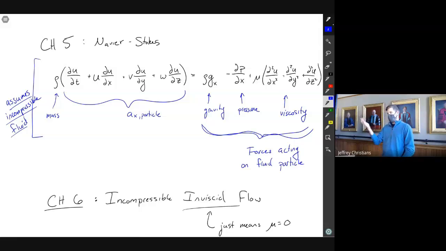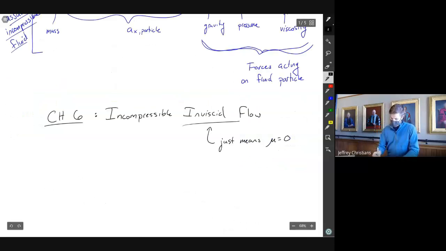So those are situations where, okay, what are the important forces? Gravity and pressure. Viscosity, not so much. It's always there in real life, but it's often very small, and this is relative to pressure gradients and gravity.